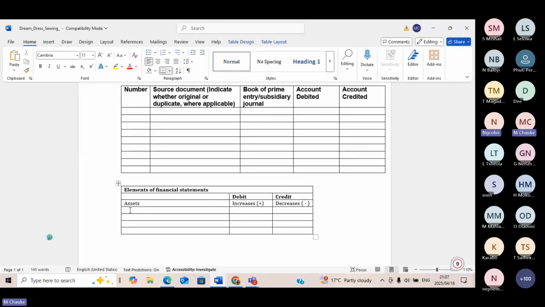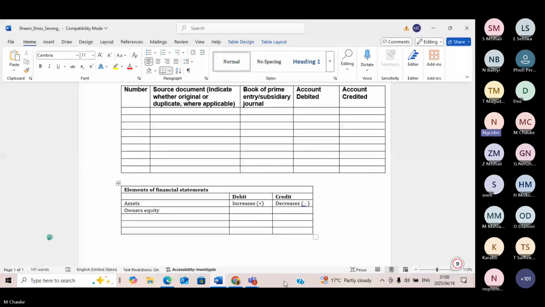In an orderly way, we usually come to owner's equity, okay? So now where does owner's equity increase or decrease?